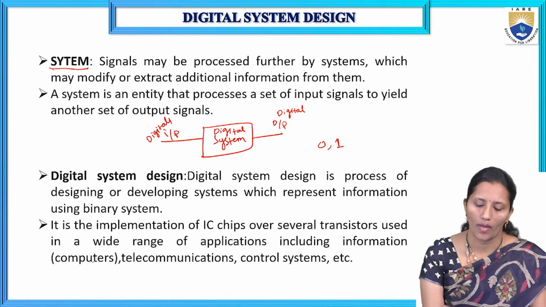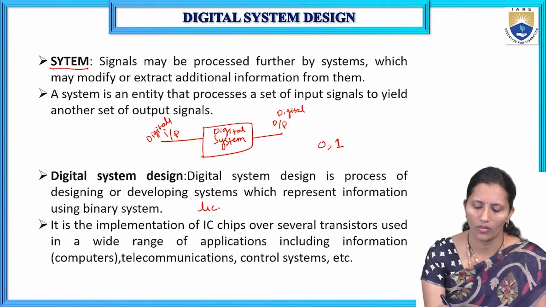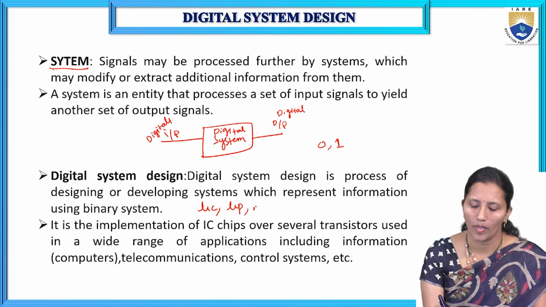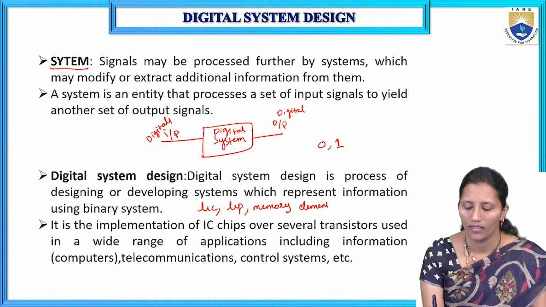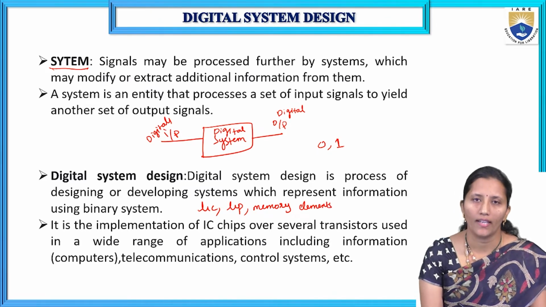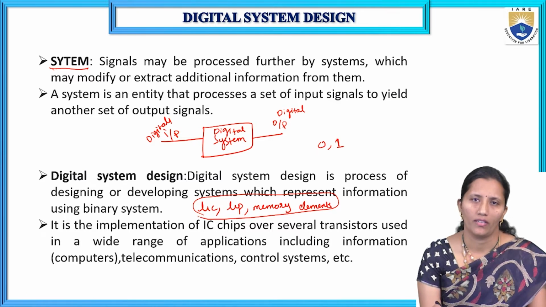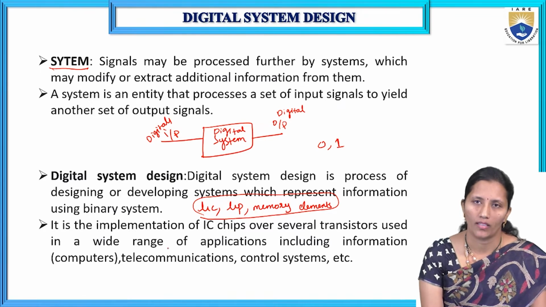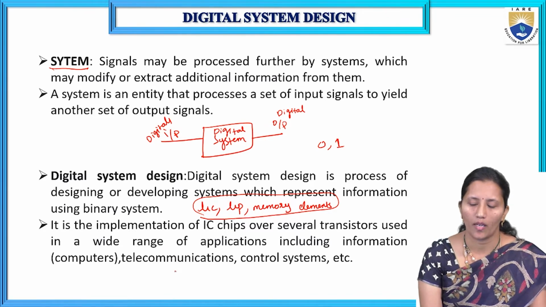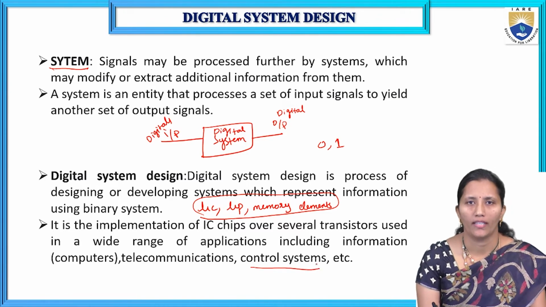So, for example, microcontrollers, microprocessors, memory elements, whatever we are using in present applications, are all digital in nature. These systems we are designing will be used for computers or any application, telecommunication applications, control system applications, in present electronic applications.